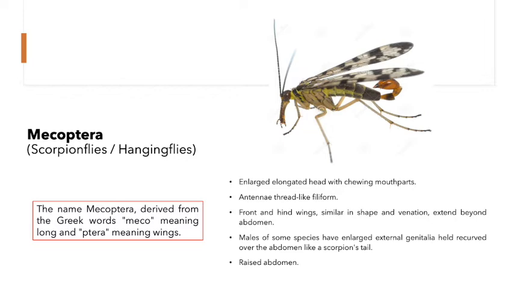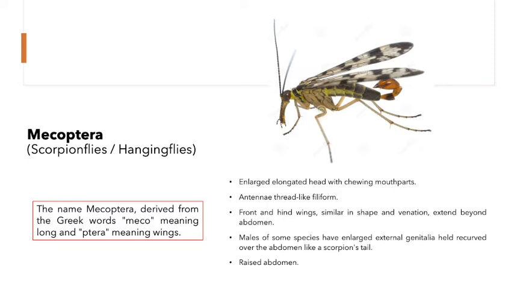The next order is Mecoptera, and examples are scorpionflies and hangingflies. Mecoptera is derived from the Greek word meko, meaning long, and ptera meaning wings. It refers to the shape of both the front and hind wings.